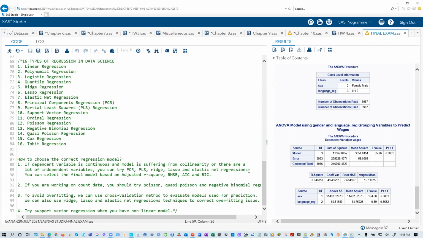You can select the final model based on adjusted R squared, RMSE, AIC, BIC. As I said, you can add other things, plus the stepwise one, that you can add too.